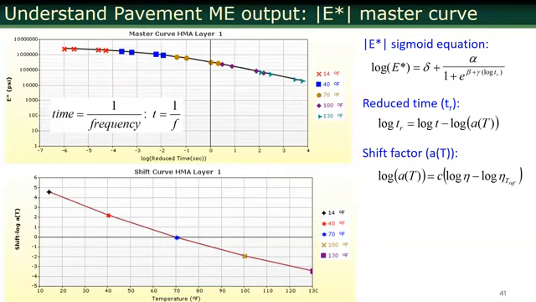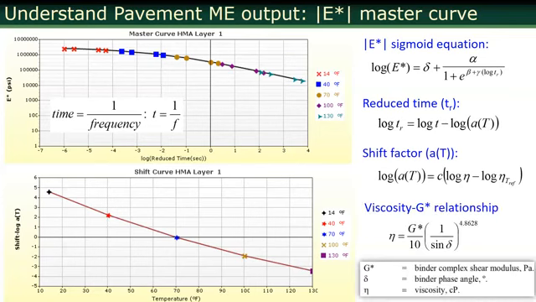The shift factor equation is a C times the logarithm of the viscosity of the binder at that temperature minus the logarithm of the viscosity at reference temperature. From the input of a bunch of G stars, it converts G star to viscosity using this relationship: G star divided by 10 times 1 over sine delta to the power 4.8628 is the relationship converting G star to viscosity.